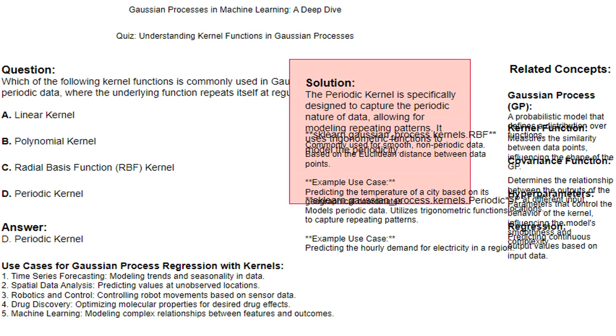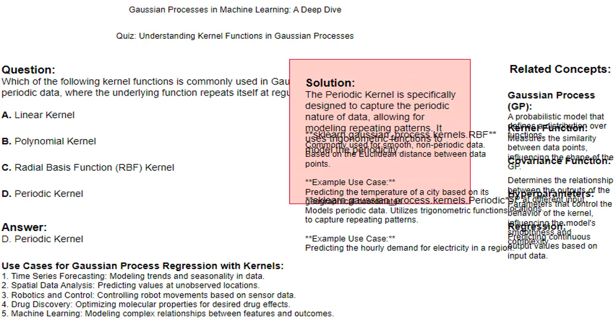It defines a probability distribution over all possible functions that could have generated our observed data. By doing so, we can not only predict the function's output at new input points but also estimate the confidence in our predictions. Time series forecasting, modeling trends and seasonality in data.